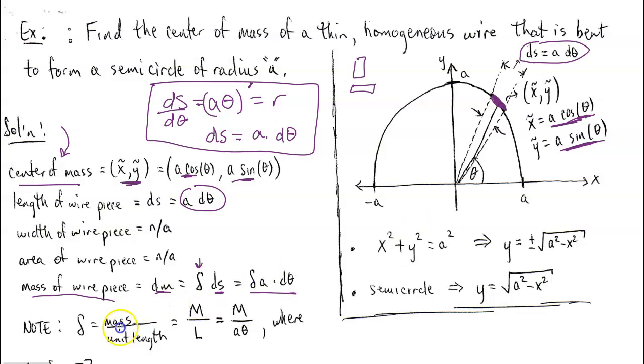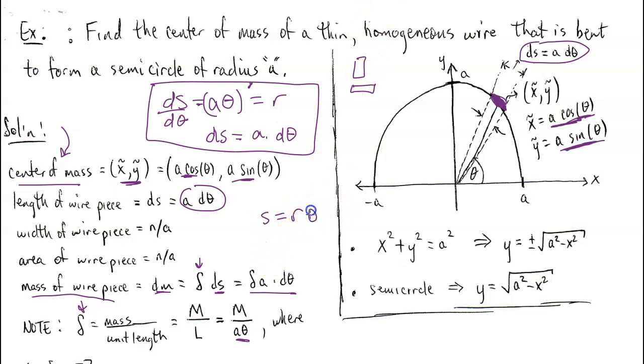Note that in this case, our density is the mass divided by the unit length, and the length is going to be a times theta, which goes back to the whole arc length idea.